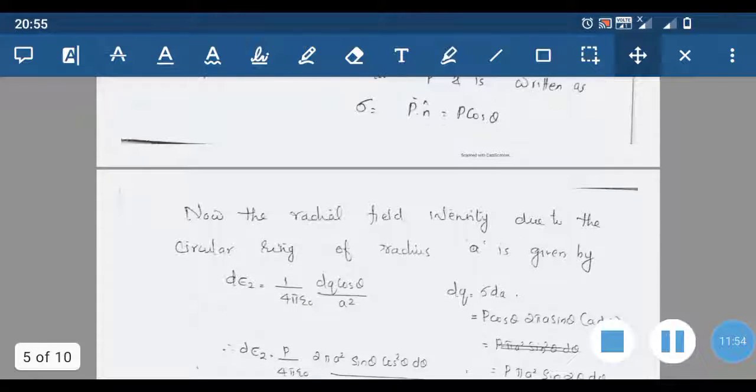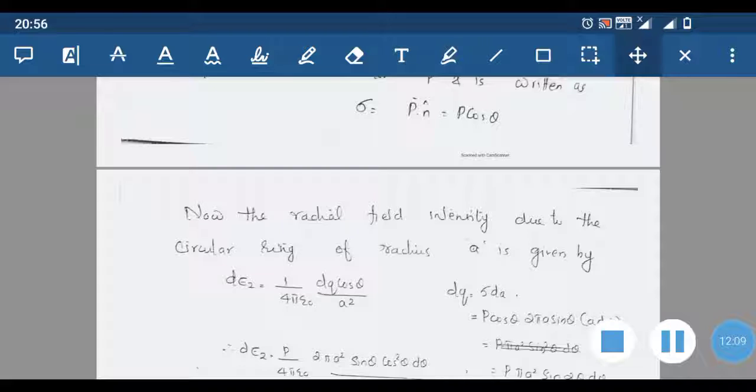Now the radial field intensity due to a circular ring of radius a is given by the equation of the field due to a circular ring we are considering.